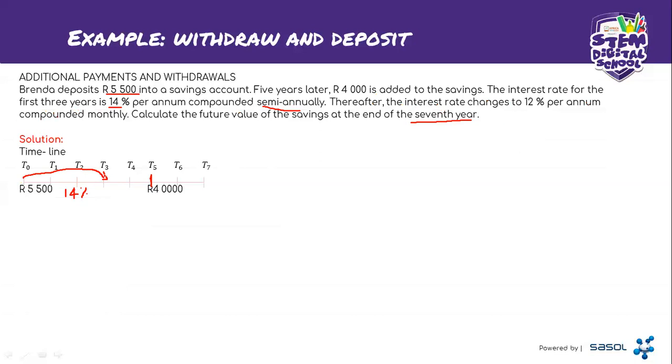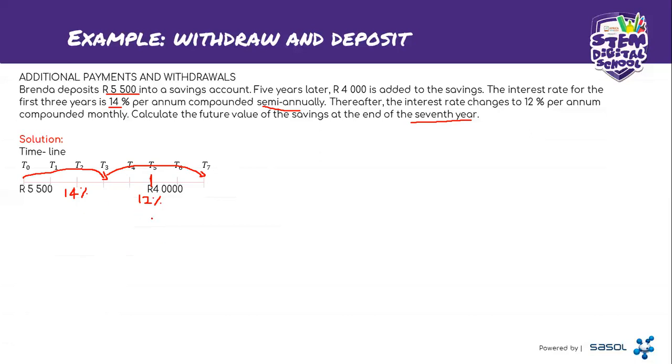Meaning for the remaining years, which is this 1 year, we are having the new interest rate, which is 12% per annum compounded monthly.